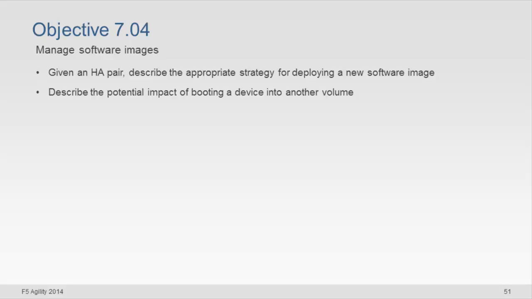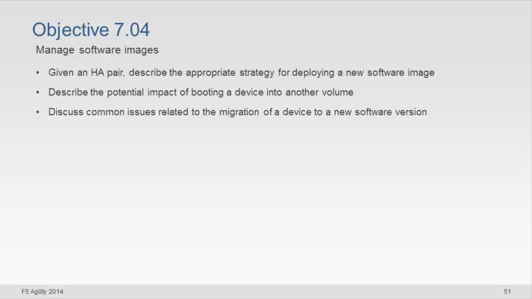Any changes we've made since the initial boot into that particular partition are not on the other partition. And if you're rolling backwards in code, getting your config to load backwards is not as easy as rolling our config forward. So the impact of booting into another volume can be that I can lose connectivity to the box. I literally might not be able to get into it anymore if I boot into the other partition.